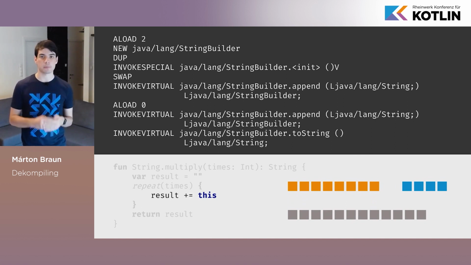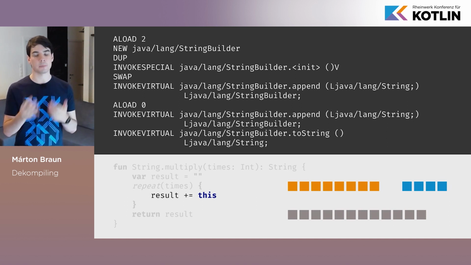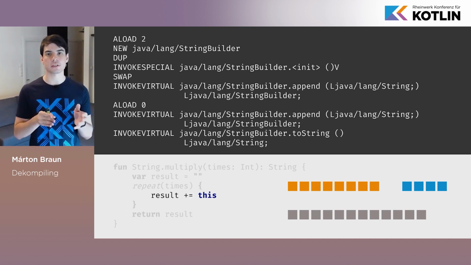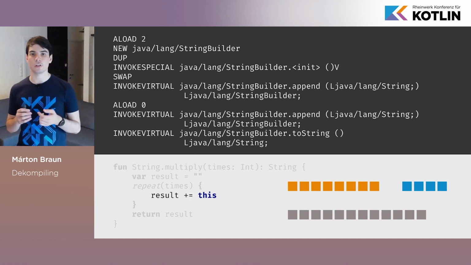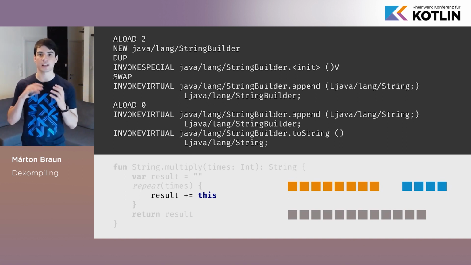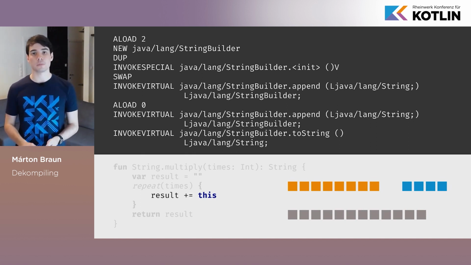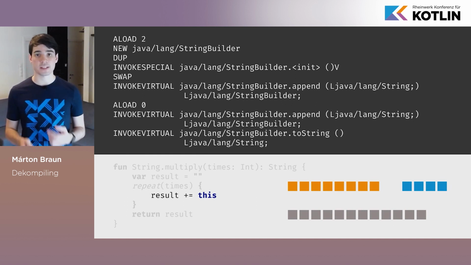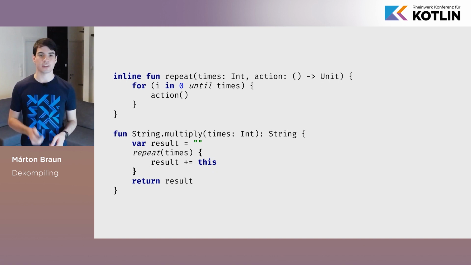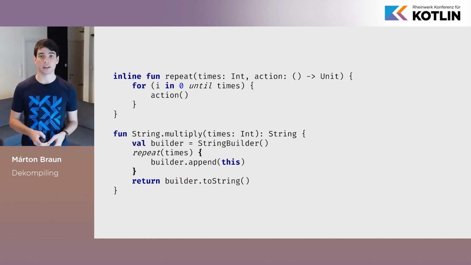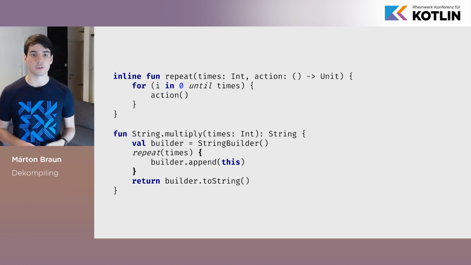So for every step of the way, we have to create this new string builder instance, which we append things to, and then we extract a new string from it, and then we throw away the string builder and we have a new string instance. All of this allocating instances and moving things around in memory is a very costly operation. So we could do better if we were writing more precise code ourselves. Let's do that then. Instead of using strings, we can use the String Builder API ourselves. So we can start with a string builder at the start of our function.